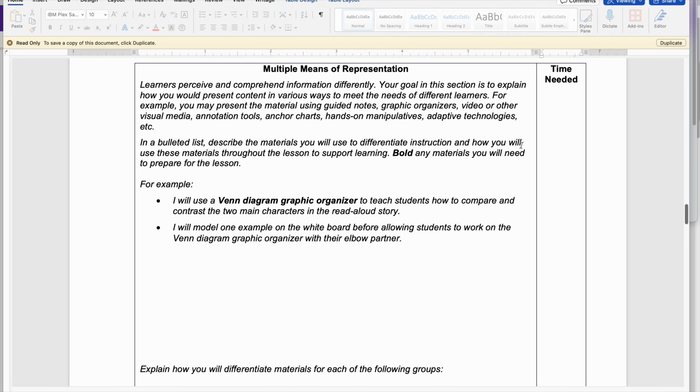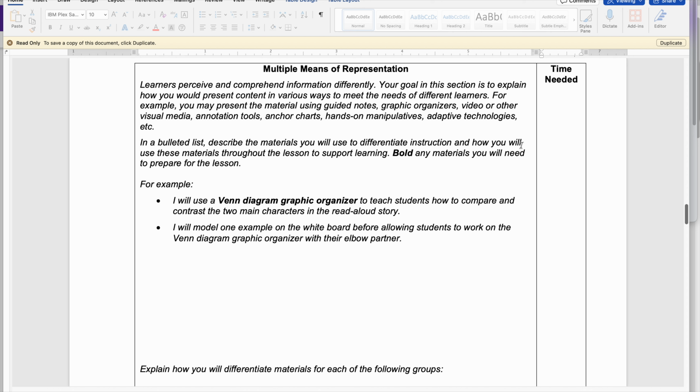Then we want to make sure that we're not just lecturing to our students. If you're just standing at the front of the class and explaining the concept, students aren't going to understand it. So maybe you have them completing a worksheet where they're filling in notes. Maybe you have them sketching something out to help them organize the ideas.